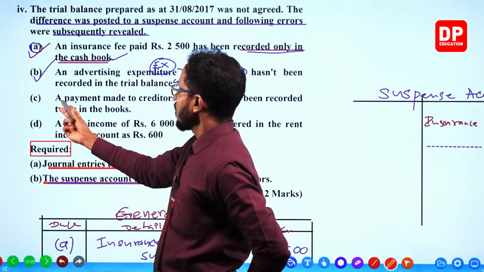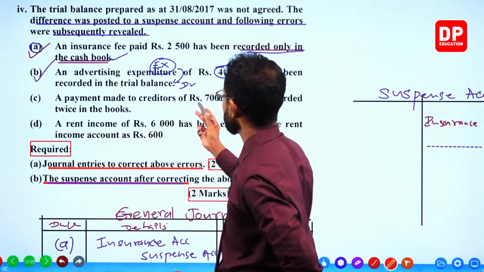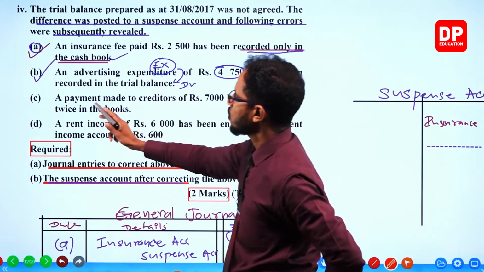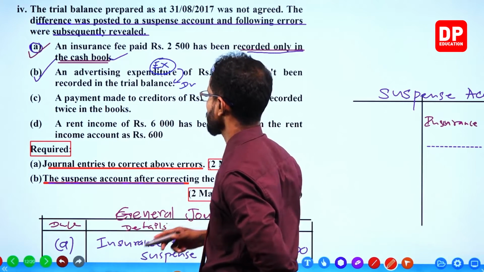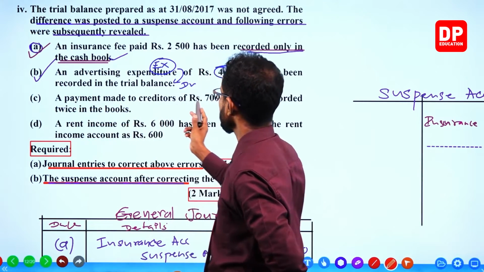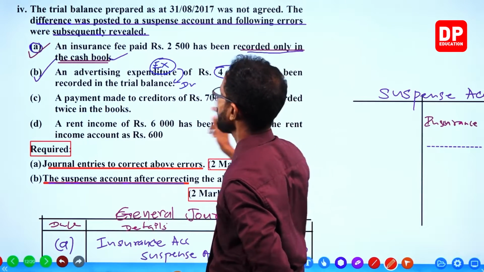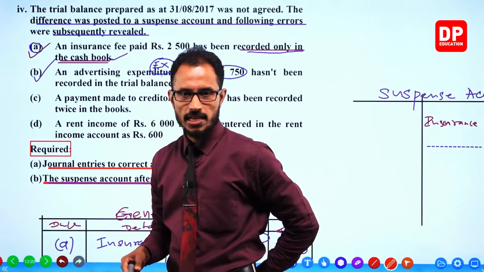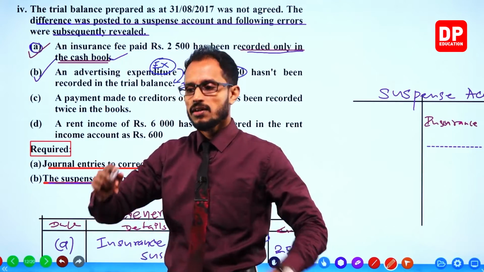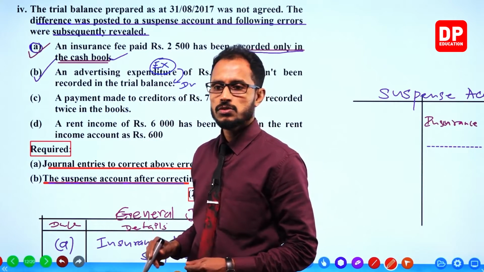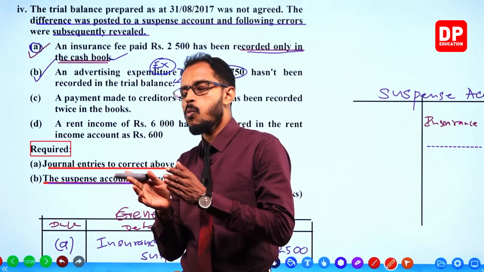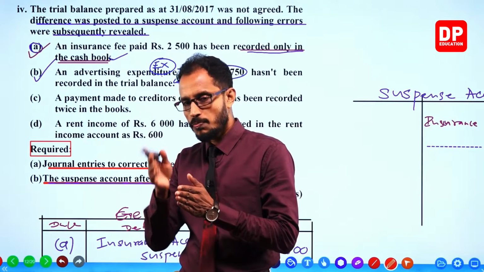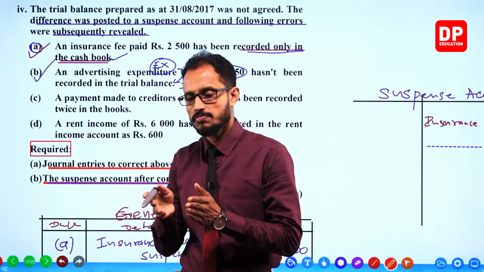A payment made to creditors, 7,000, has been recorded twice in the books. Duplication error. Same entry recorded twice. So to correct it, we must reverse the duplicated entry.